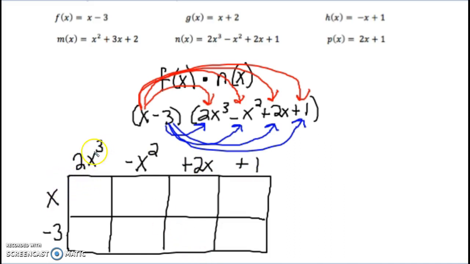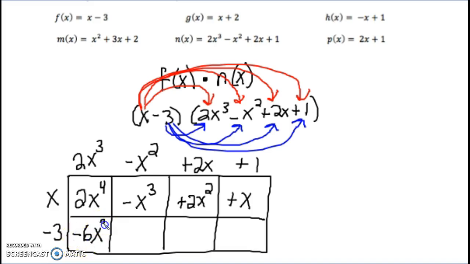And that is going, when I multiply, I get 2x to the fourth minus x to the third plus 2x squared plus x, and then I multiply everything by negative 3, so negative 6x to the third plus 3x squared minus 6x minus 3.